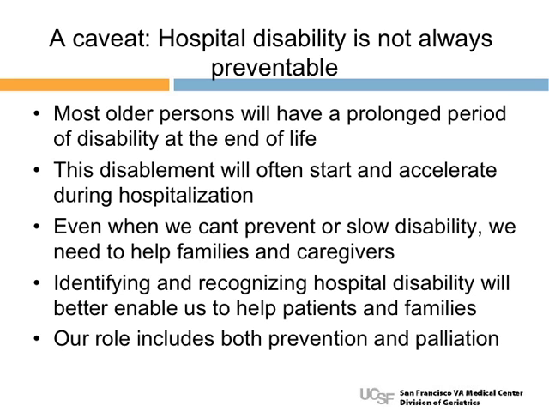I have a caveat I often like to mention, but I'm going to mention this one quickly. When we talk about hospital disability, our goal is to prevent hospital disability and delay it as much as we can.